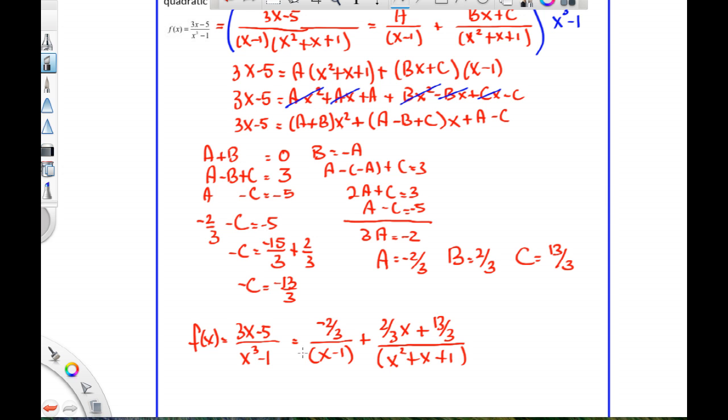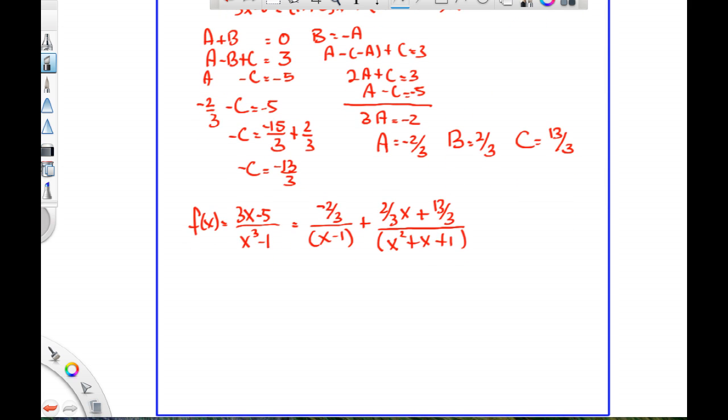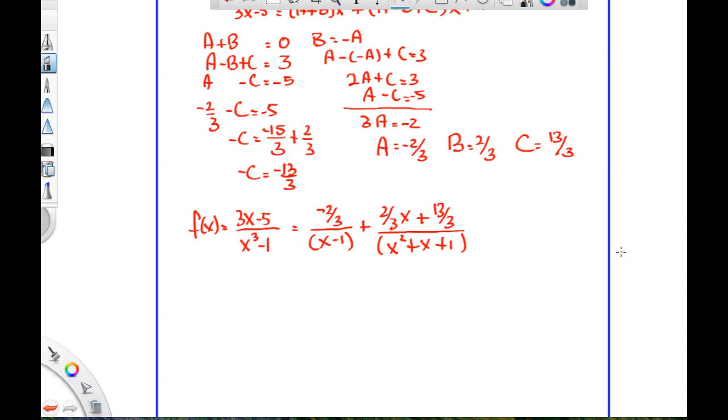It would be easy to bring this 3 down, and the same thing over here because they share it, but you don't have to. So this is sort of an exception to the whole fraction into a fraction thing. Alright, so that's the third case.